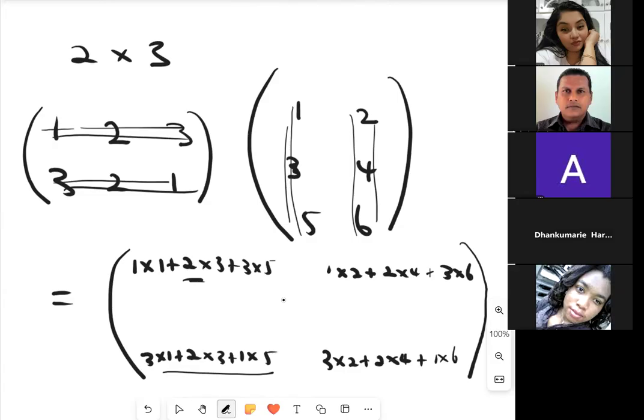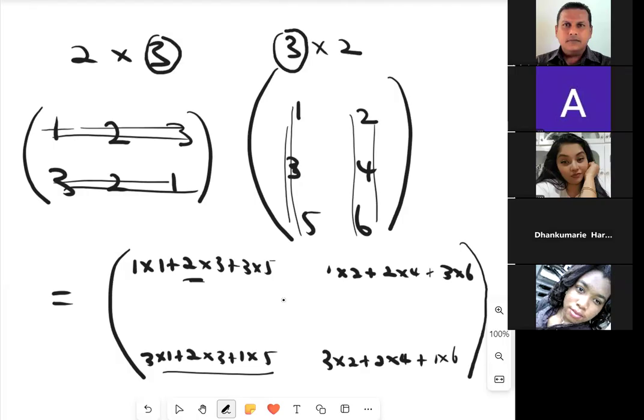And this one is 3 rows by 2 columns. So you have to check that the number of columns in the first must equal the number of rows in the second. Once those two numbers are the same, then yes, you can go ahead and multiply the matrix. The answer you get will be the number of rows in the first matrix times the number of columns in the second matrix. So we're expecting to get a 2 by 2 matrix in the end. You get that so far?